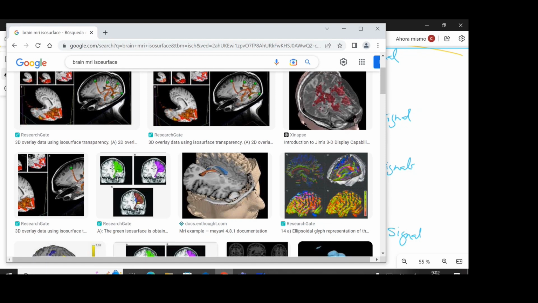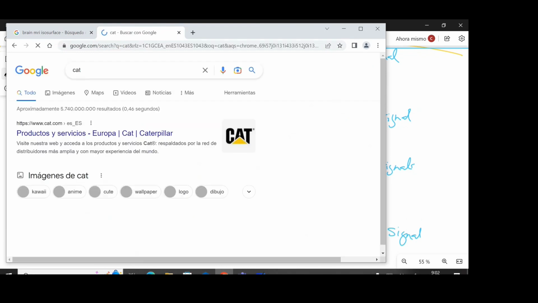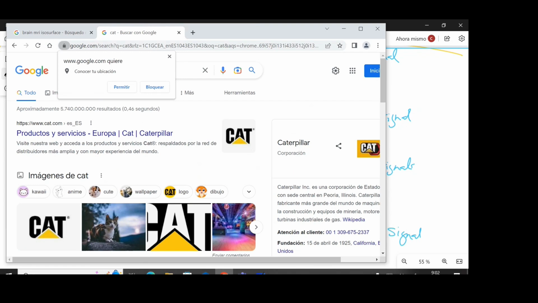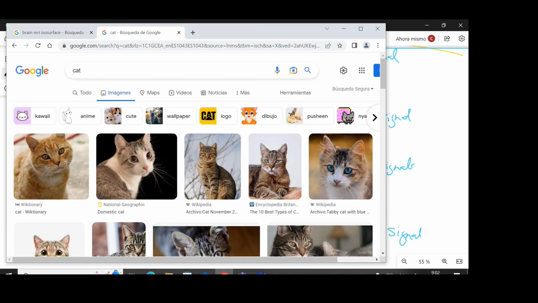So let's say I look for a cat. Okay, so I have an image of a cat, and then I have X and Y, and for every point I have what the color of the cat is.